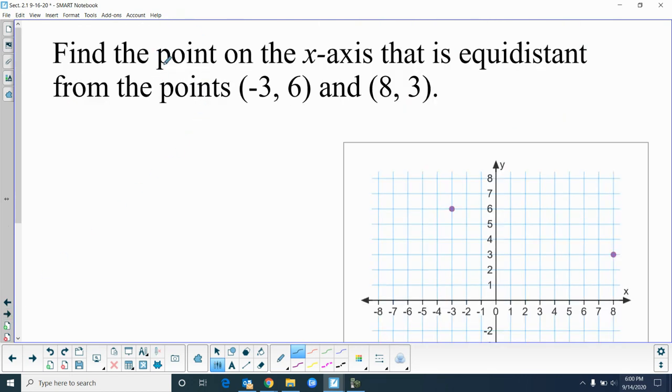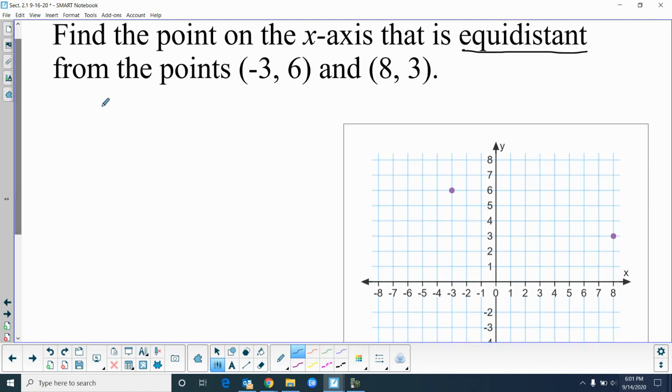It says find the point on the x-axis that is equidistant. Equidistant means the same distance, okay? From the points -3, 6 and 8, 3. Here's -3, 6. Here's 8, 3. Make sure you read through these types of problems because sometimes the axis will switch. Sometimes they'll say the x-axis, sometimes they'll say the y-axis, and that'll switch a little bit how you do the problem.